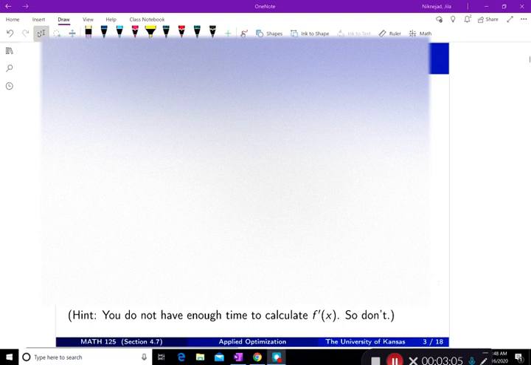Let's say you paused and now it's time to decide if this function has an absolute maximum and absolute minimum on this closed interval. This function is basically continuous and differentiable over its domain.